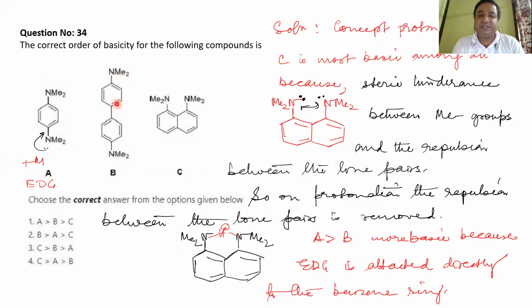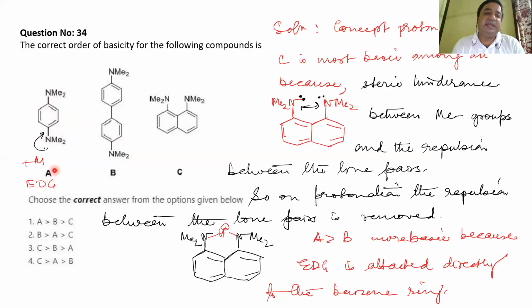Whereas over here, since there are 2 benzene rings, this lone pair can be donated back to this ring, and here also it can be donated back to this ring. Because of this donation, we can say that the lone pairs on these individual NMe2 groups are less available when we compare with A, because A has the NMe2 group directly attached to the benzene ring.